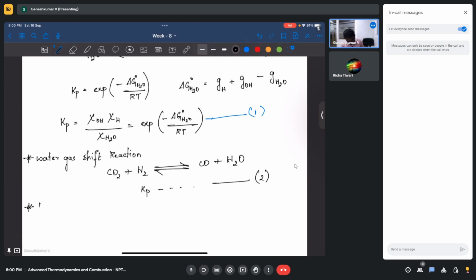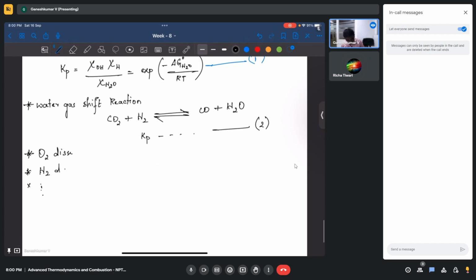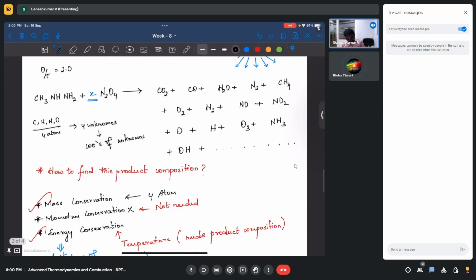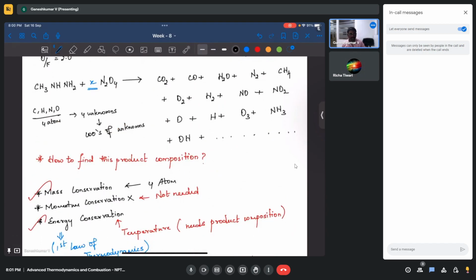Similarly, you write O2 dissociation, maybe H2 dissociation, and simply keep writing all the possible reactions that can happen within the combustion system. All these will result in a number of Kp equations, and these Kp equations, in addition to the four atom balances, if you solve them together, you will end up with the product composition.